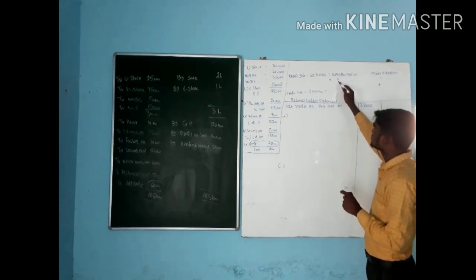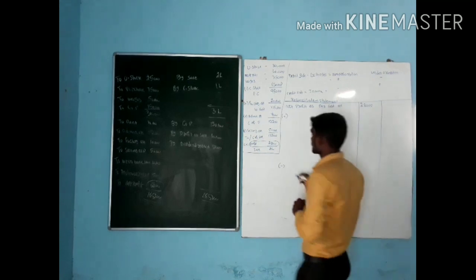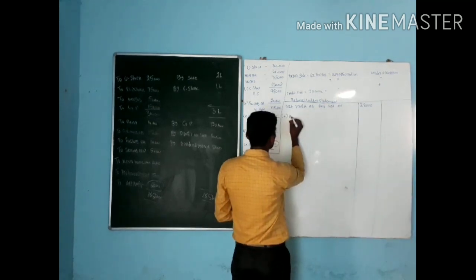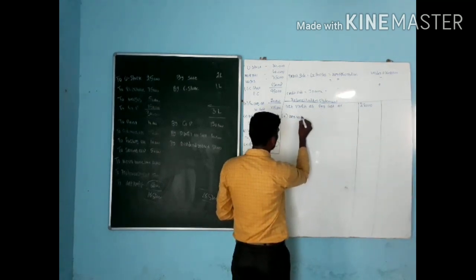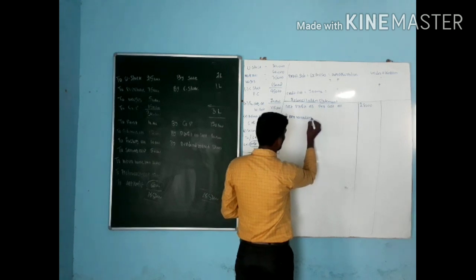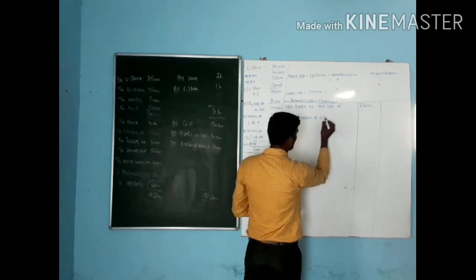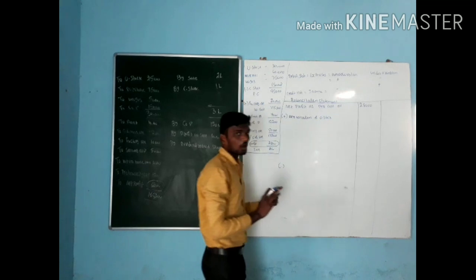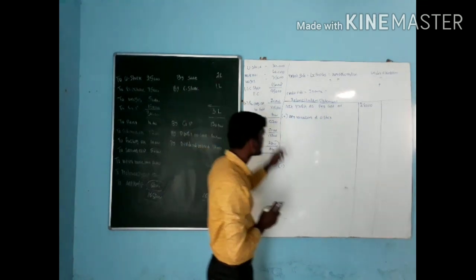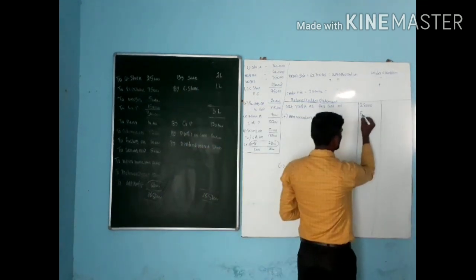When it is over absorption, we need to add. That is overvaluation of opening stock. How much? 25 and 30, that is 5,000.